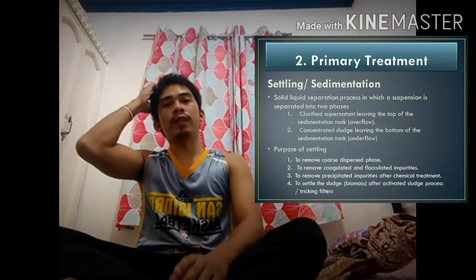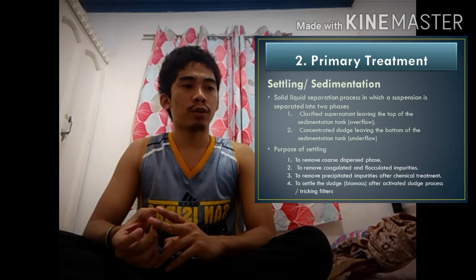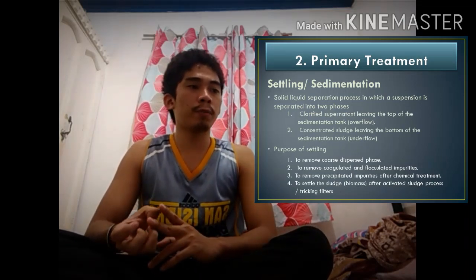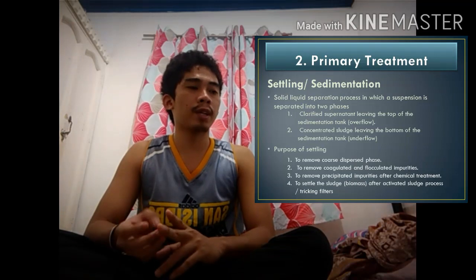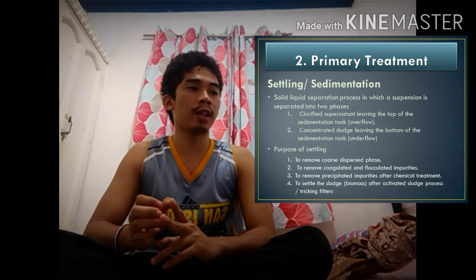The purpose of settling is to remove coarse dispersed phase, to remove coagulant and flocculated impurities, to remove precipitated impurities after chemical treatment, and to settle the sludge after the activated sludge process.